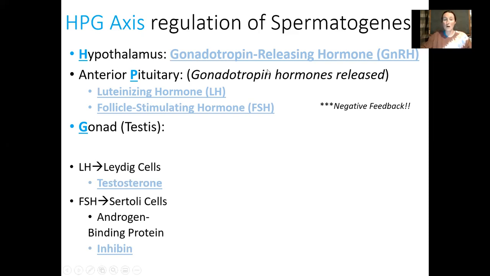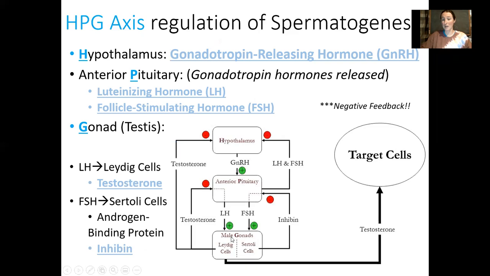Right? More GnRH is going to lead to the production of more LH and FSH. LH and FSH lead to the production of lots of testosterone, lots of ABP, and higher levels of these things, as well as inhibin, is essentially going to put the brakes on these structures up here.